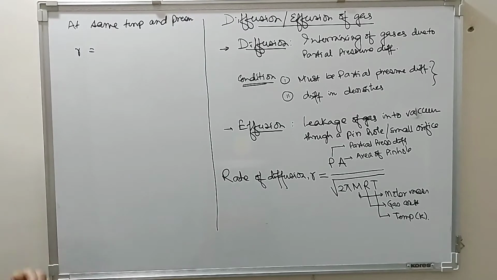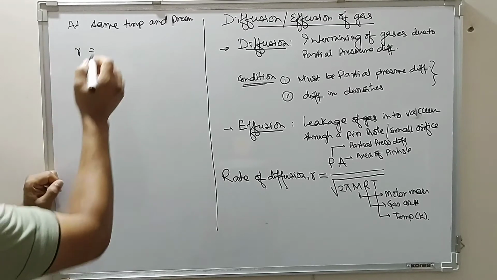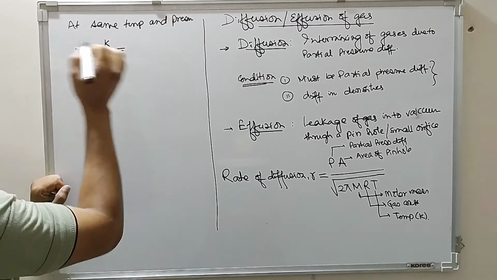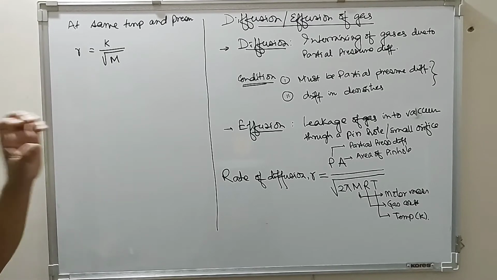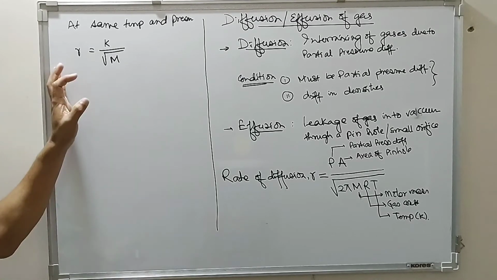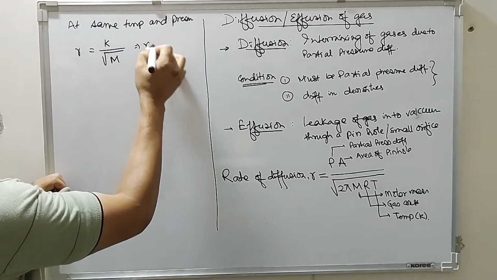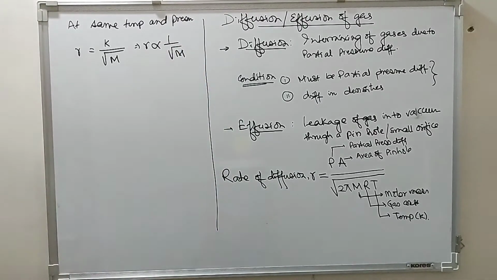Pressure is a constant, area of opening is a constant, 2 is a constant, pi is a constant, R is a constant, T is a constant. Then this can be written as some constant K into 1 by square root of molecular mass. So for any given gas at a constant temperature and pressure, rate is inversely related to the square root of its molecular mass.